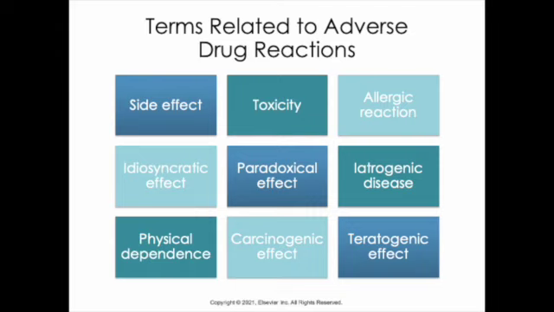G6PD deficiency is an X-linked inherited condition, and it occurs primarily in people with African or Mediterranean ancestry. And when people with G6PD deficiency take some drugs, such as sulfonamides or aspirin, they're going to develop varying degrees of hemolysis of their red blood cells. And this can be life-threatening.